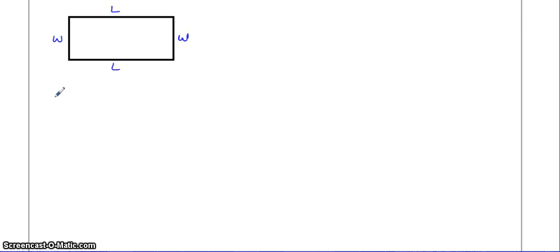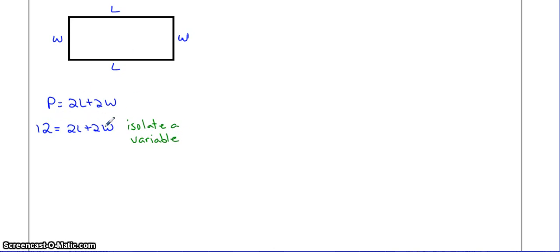So you use the first piece of information to form your first equation. The information we know is the perimeter, so let's start with the perimeter formula. That's equal to 2 times the length plus 2 times the width. We know that the perimeter is equal to 12, so let's substitute that in. What you want to do here is isolate one of the variables. It doesn't matter which one you isolate, the length or the width.